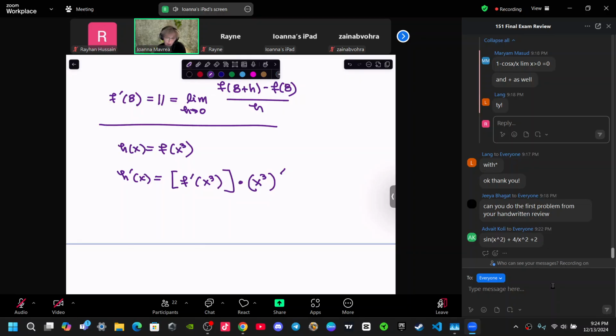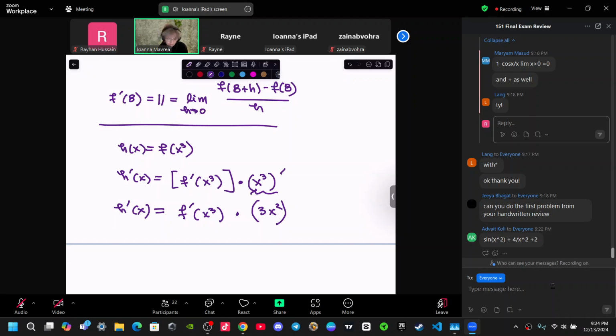Okay, so I know what the derivative of x to the third is. That's 3x squared. So the derivative of h at any x, and they're going to ask for a specific x, they're going to ask for 2, is equal to the derivative of f at that same x to the third times 3x squared.